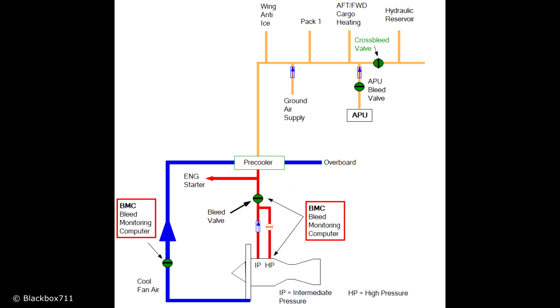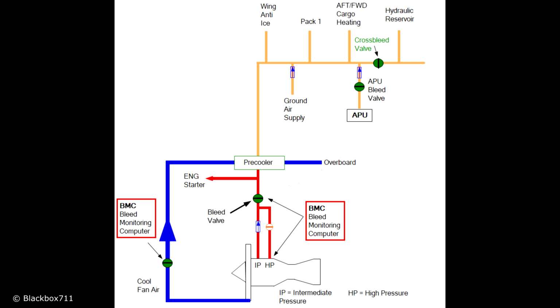And in order to do this, you actually extract cold fan air, and the BMC, the bleed monitoring computer, will regulate the amount of fan air which goes into the pre-cooler by a regulating valve. And so when the bleed air comes out of the pre-cooler, it usually has a temperature around 160 degrees Celsius and a pressure of 30 psi.